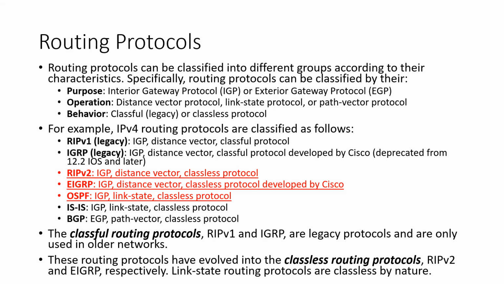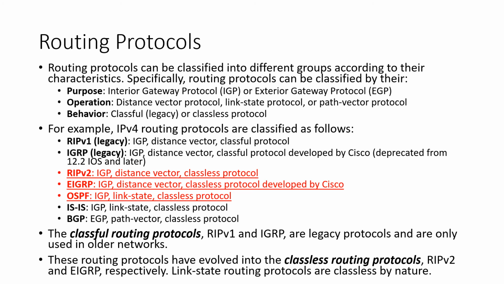RIPv1 is a legacy IGP distance vector classful protocol, and IGRP is a legacy IGP distance vector classful protocol developed by Cisco, deprecated from IOS 12.2 and later.